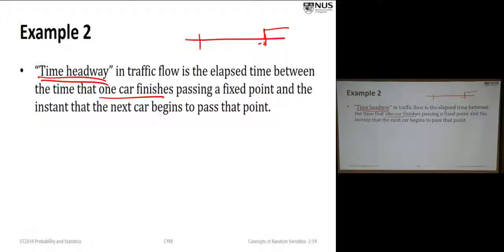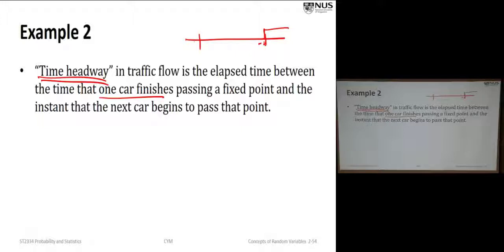It's important. I don't know whether you know how to drive or not. You know what is the time that you leave? I mean, you make sure that your time headway is within a certain value. You know what that value is? Anyone knows? No one knows.